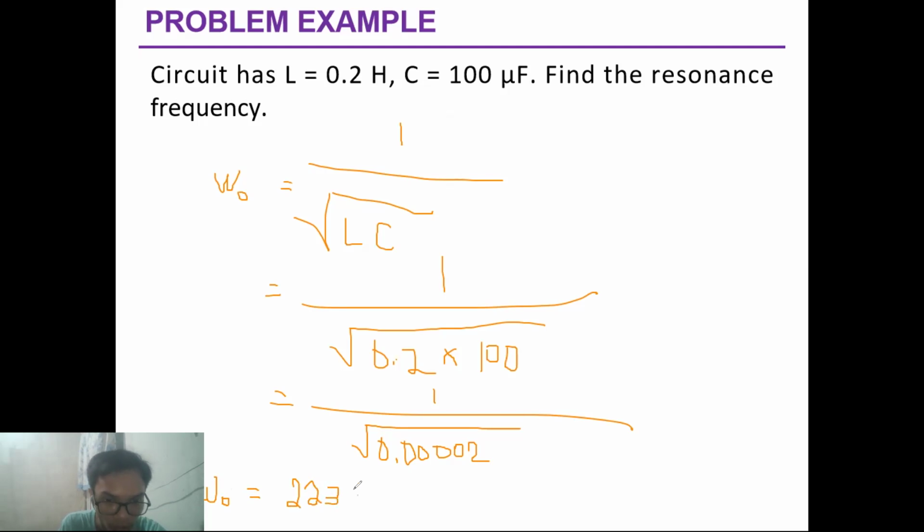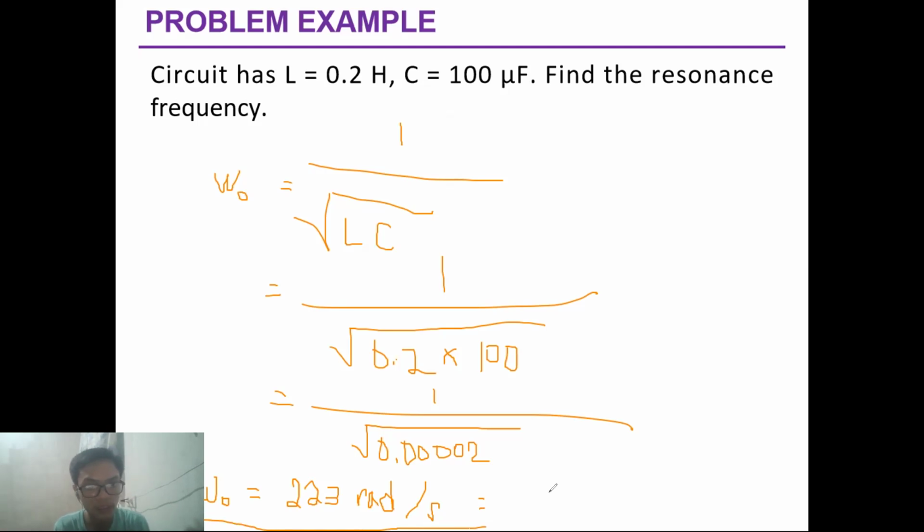223 rad per second. So this is the angular frequency, 223 rad per second, and we are tasked to find the resonance frequency. So let's convert this into hertz.